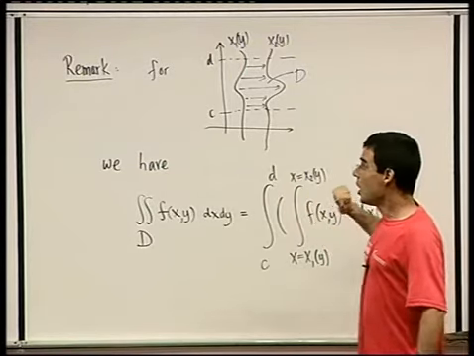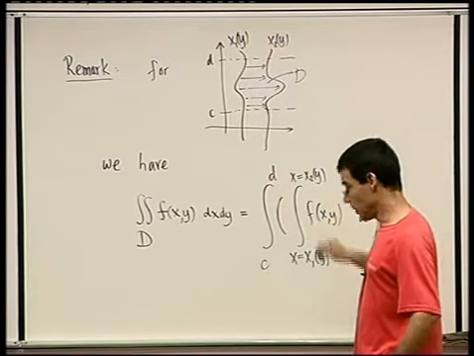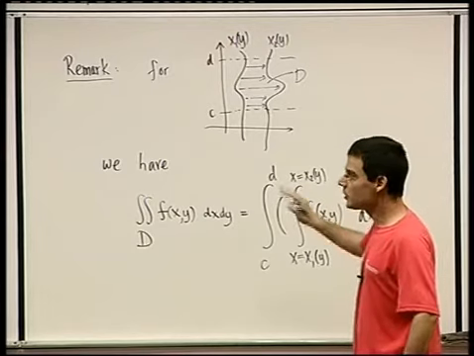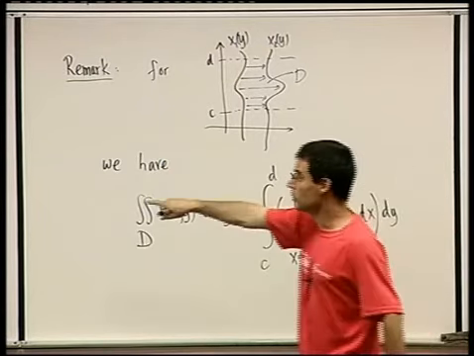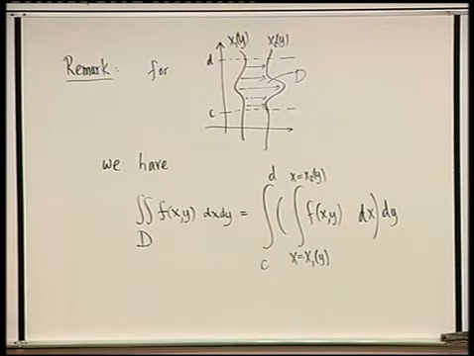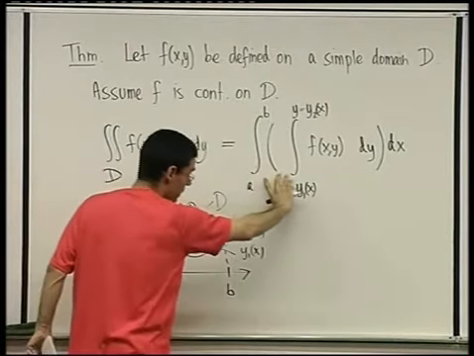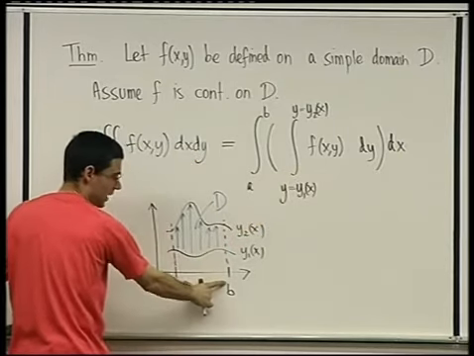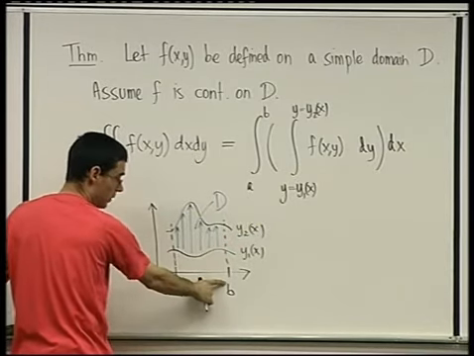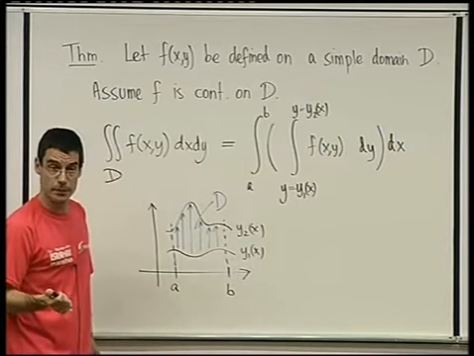So the examples are going to be in the next clip, because there are quite a few of them that I want to discuss. Let's outline the idea of the proof of this theorem. I'm going to outline the proof for the previous situation, where the outer integral has the x's fixed between two numbers, and the y's for each x are allowed to range between two functions.